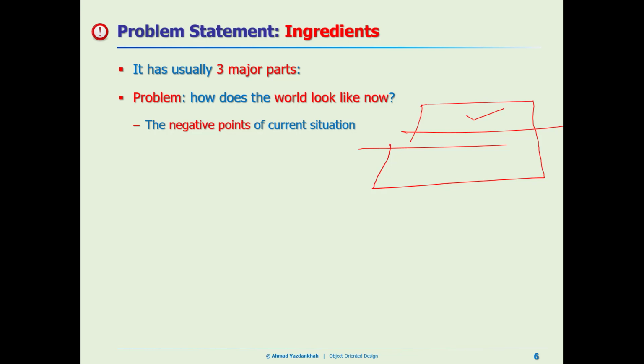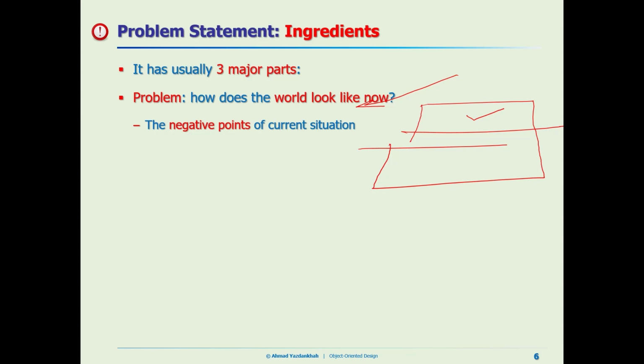Okay, you should try your best to say, okay, the people are suffering from these problems, and there is something that is the lack of the benefits that we need to solve. So try to describe it and try to point out the negative points of how the world looks like now.